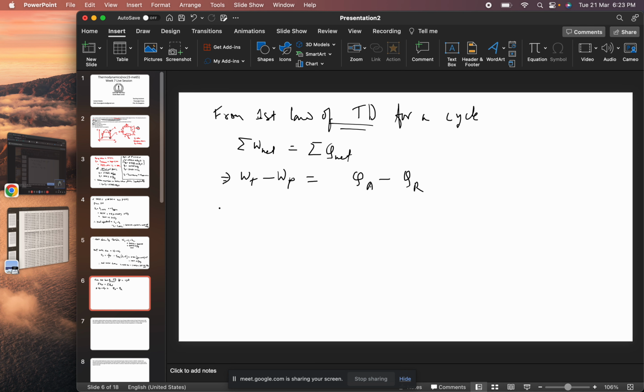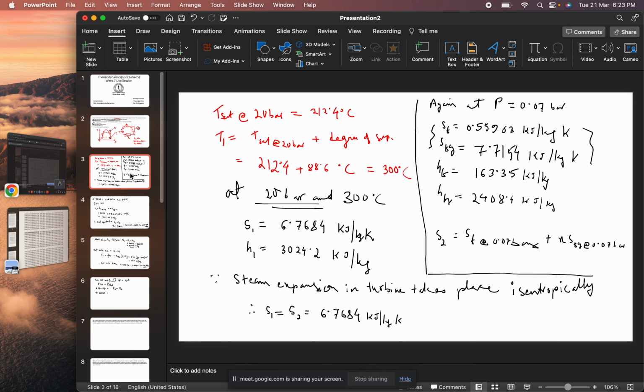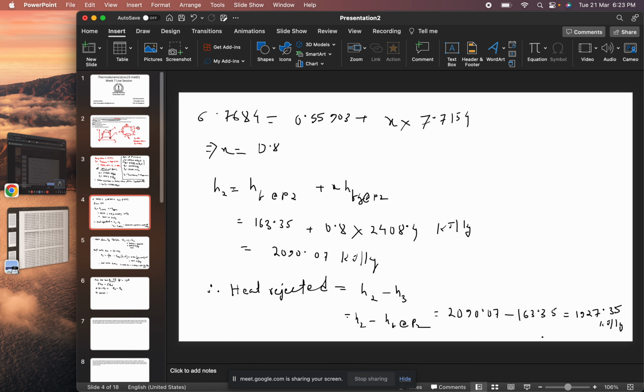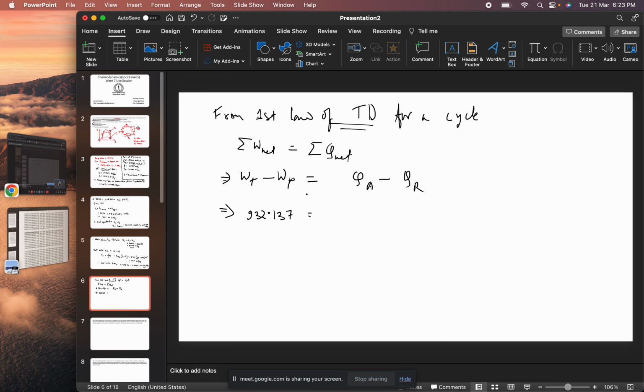We have already got WT minus WP as 932.137, and the heat rejected as 1927.35. So Q added minus 1927.35 equals 932.137.